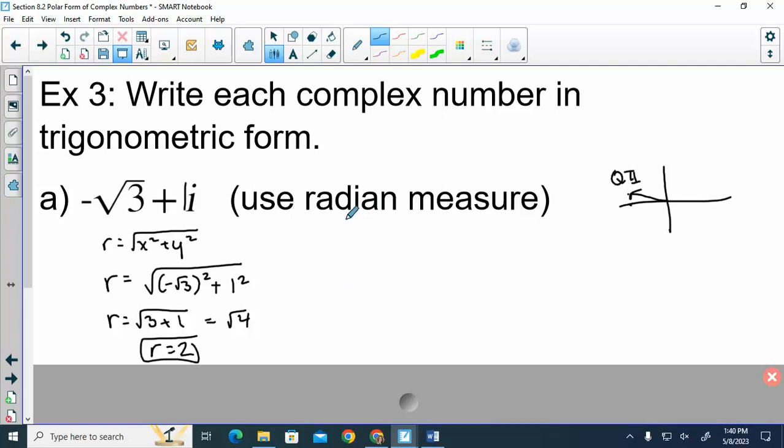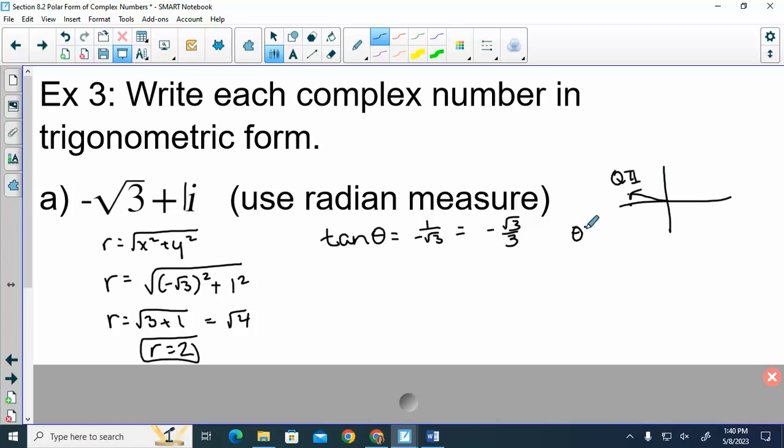Next, we need our angle. This seemed kind of familiar. Didn't we kind of do this with vectors? We had to find magnitude and direction. And that's really what we're doing here. So tangent is y over x, so that would be 1 over negative radical 3. Now tangent is negative in both quadrants 2 and 4, but we already know it's quadrant 2 from the picture.